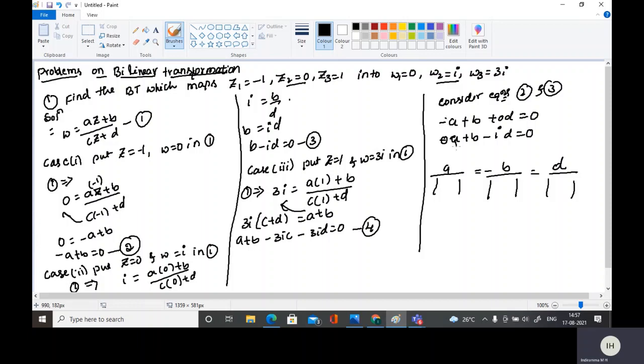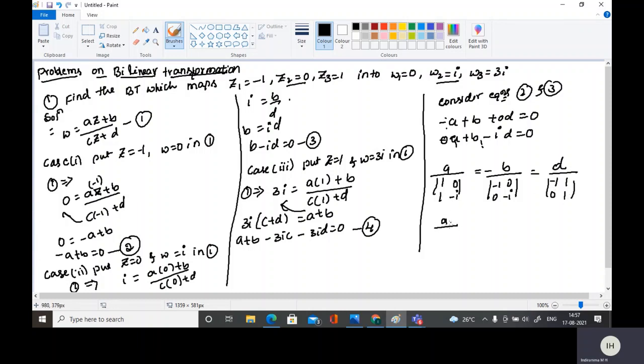Now don't consider the coefficient of a, consider the coefficients of b and d: 1, 0, 1, minus i. Next b by minus 1, 0, 1, 0, 0, minus i. Next d by the determinant minus 1, 1, 0 and 1, 0 and 1.